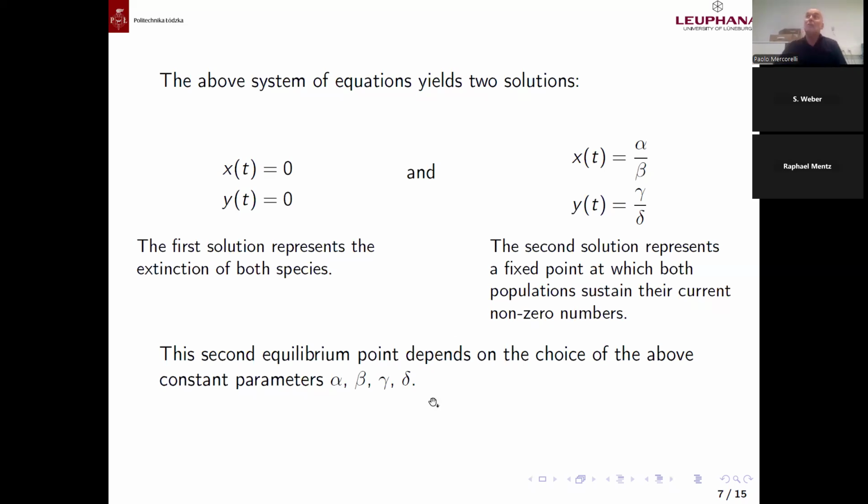But we also have a more interesting equilibrium point, which depends on the parameters alpha, beta, gamma, delta. I don't have time to explain the importance of these parameters, but they really characterize physically the structure of the system which we are considering. Sometimes they are very difficult to identify.